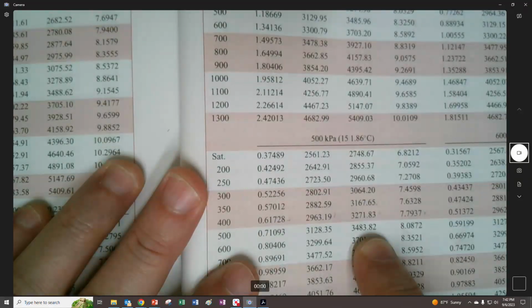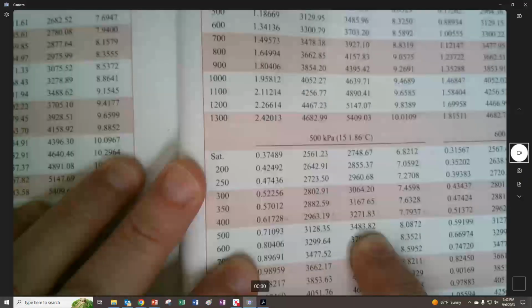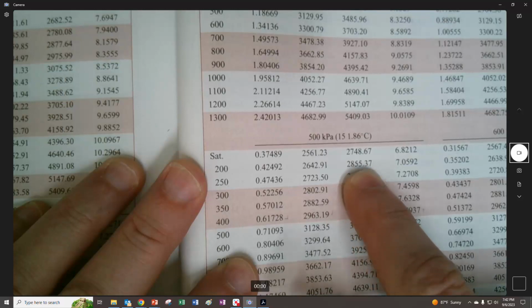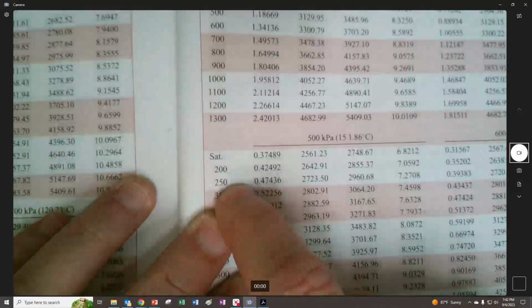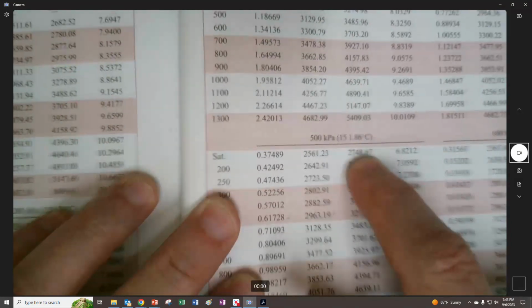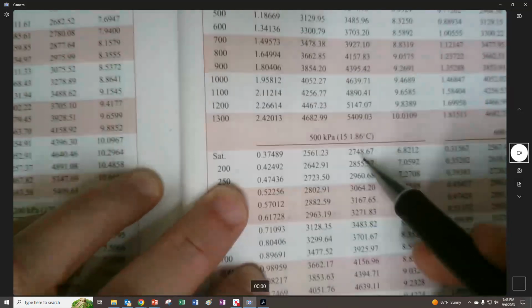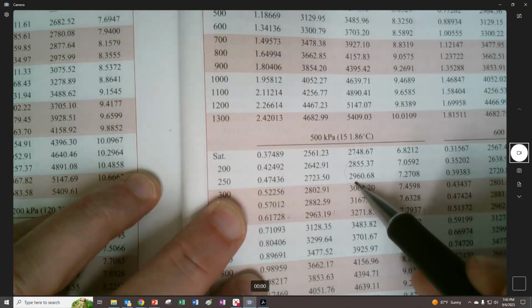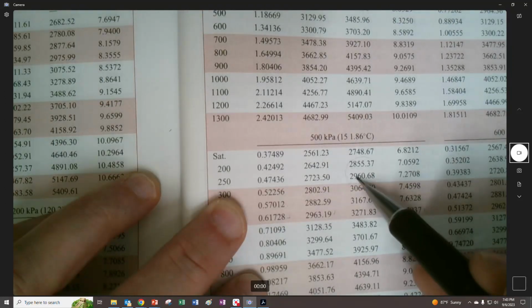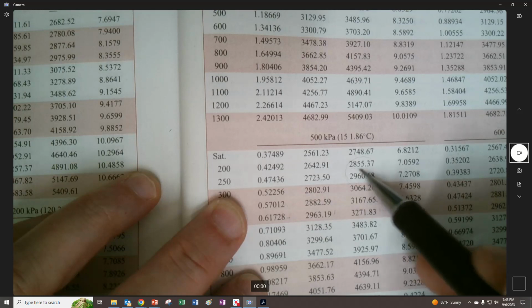We want 2,890. It's somewhere in between 200 and 250. It's right in there. Somewhere in here. So here are the two values. Somewhere between, because we have 2,890, 2,855, 2,962, yeah, right in there.